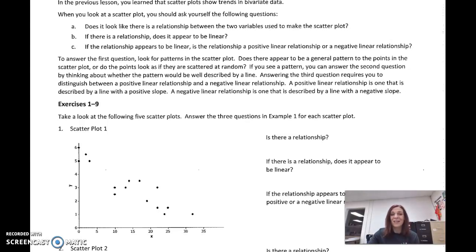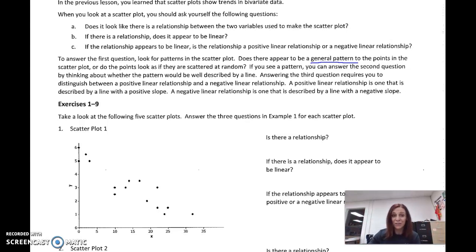So to answer the first question, look for patterns in the scatter plot. Does there appear to be a general pattern to the points? We are not playing connect the dots. It will not look like a perfect straight line. But in general, if you step back and look at it, does it kind of look like the data is all going in one direction, or is it all over the place?